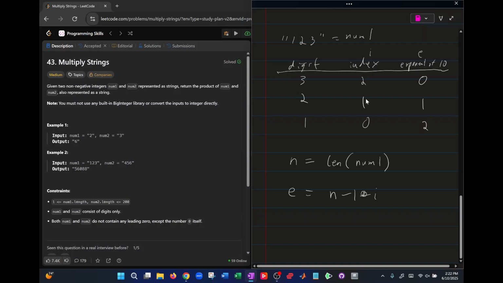And then continuing up, for index 1, the exponent is going to be, we take that 3 and we subtract 1 to just get us started, and then we subtract another 1 to move us over to the next digit. And that's why we get 1, and going on from there. So this is going to be our formula for getting the exponent based on the index of the digit we're looking at and the length of the number that we're starting with.